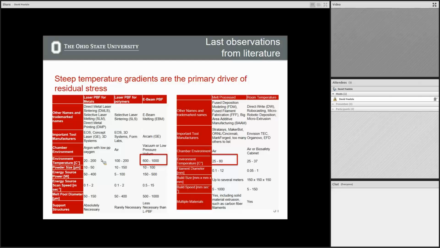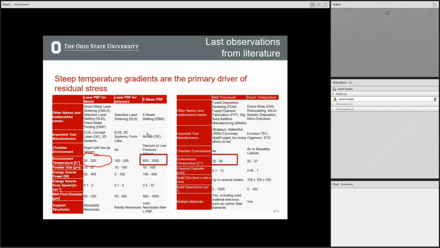things that I've worked with and what the field is mostly using are laser powder bed fusion type systems. And those have environmental temperatures in the range of 200 degrees C, but metal melts at the temperature it melts, right? Regardless of whether you're using a laser system or an E-beam system, you're still using the same types of metals, so the melting temperature of that material is on the order of 1500 degrees C, somewhere in that range.